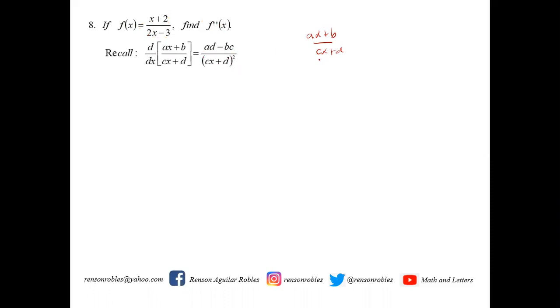So here, we know that a is equal to 1, b is 2, c is 2, and d is negative 3. So we shall have ad, that's 1 times negative 3, that's negative 3, minus bc, that's 2 times 2, which is 4. So that's negative 3 minus 4 will give you negative 7 all over 2x minus 3 to the second power.